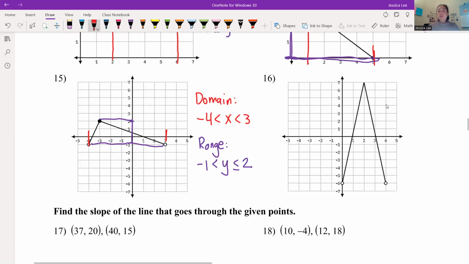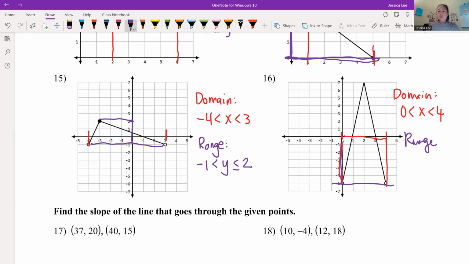And our last domain and range problem, so domain, again, talking about the x, go all the way from 0 to 4, all right? So 0 is open circle on both sides, so 0 is less than x, which is less than 4. And our y, our range, is going to be all the way from -6 to 7.